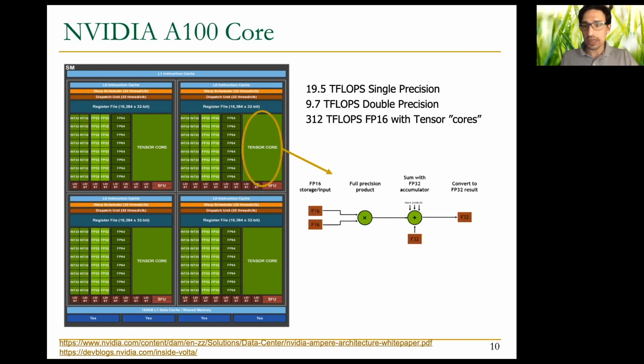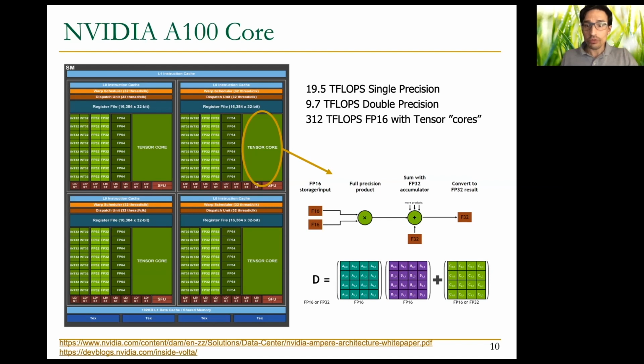In reality, these are just multiply accumulate operations that are essentially used for matrix multiplication or matrix vector multiplication, which are the key primitives used for training neural networks or deep neural networks and inference in these deep neural networks.